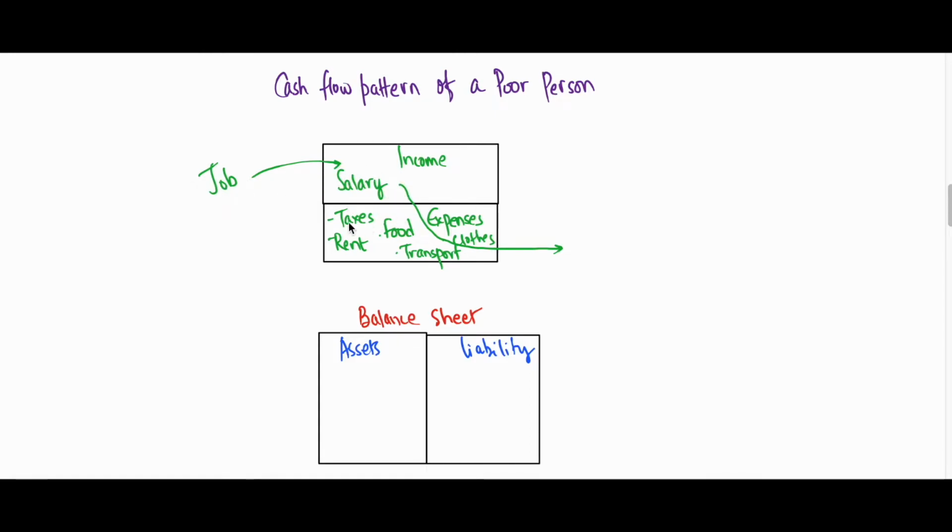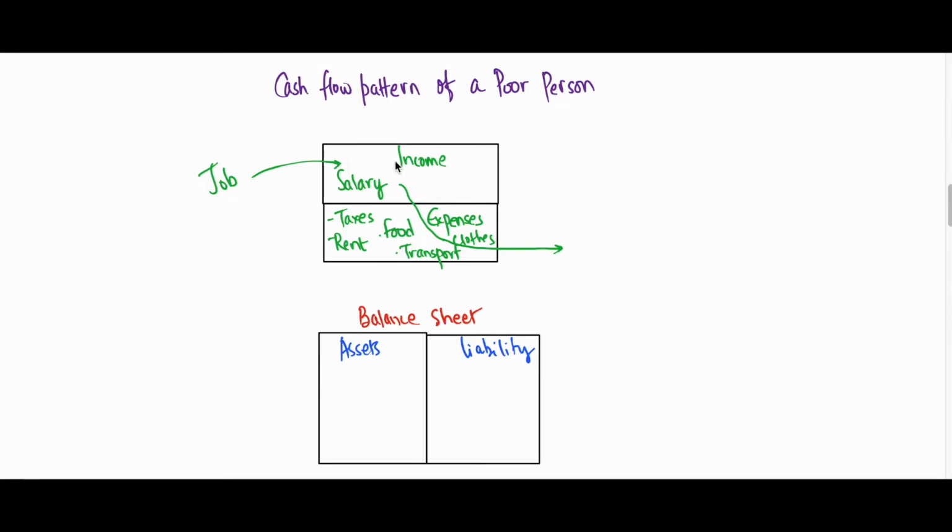He does not have any assets. An asset is something that keeps money flowing into your pocket. Since he is not able to spend his money on increasing assets, whatever money comes in as income goes out as expenses, as shown in the figure.